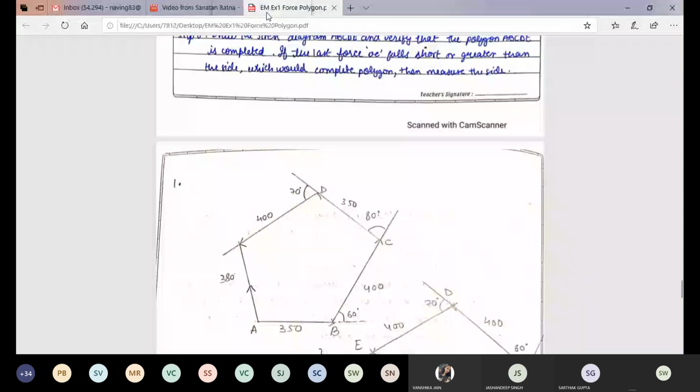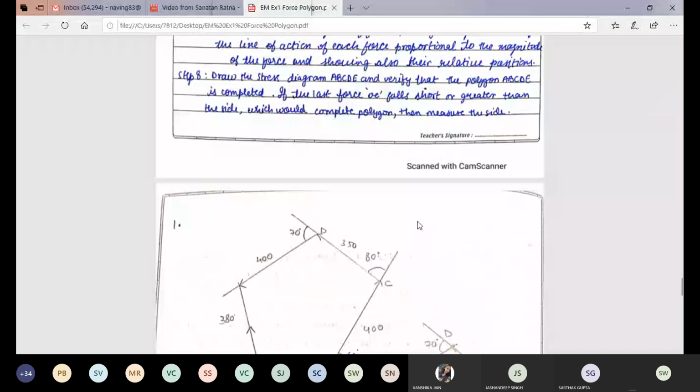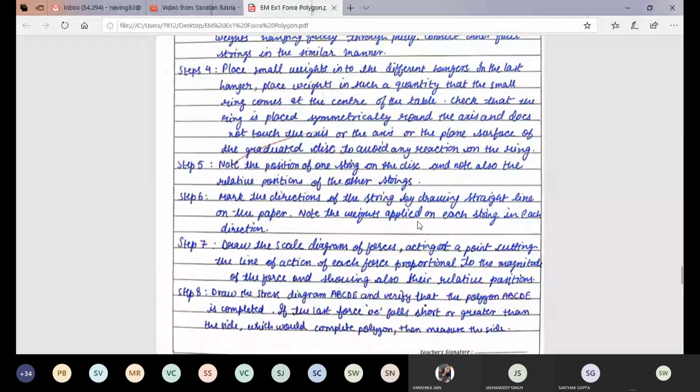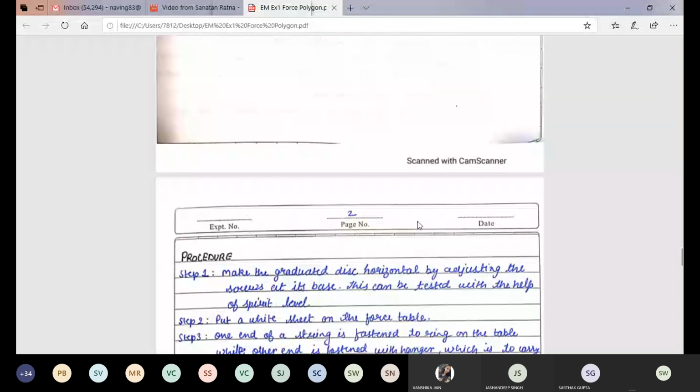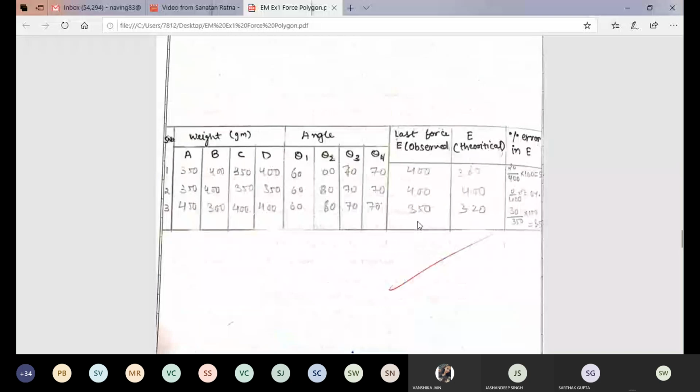Now it is your turn. See this table, and all of you have to take out the pen, pencil, and protector, and for the first reading, 350, 400, 350, and 400, make the polygon.